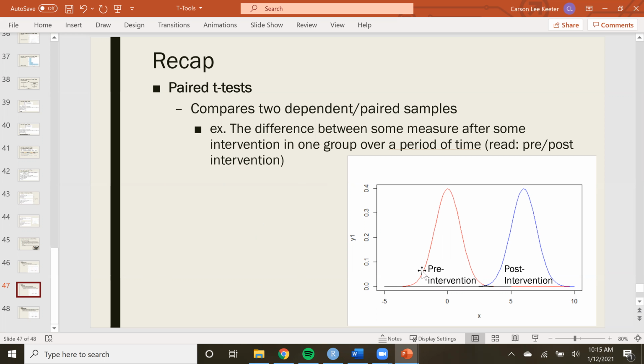So however far these two theoretical distributions get of our sample, okay? Again, this is visually what's happening, not really what's happening, but that information is not too important to get hung up on. We have our pre-intervention here, and then we have our post-intervention. And then the amount of information that overlaps tells us how different these two things are.